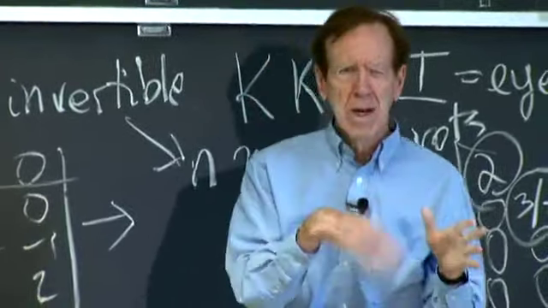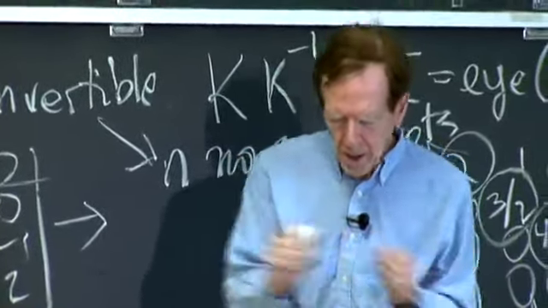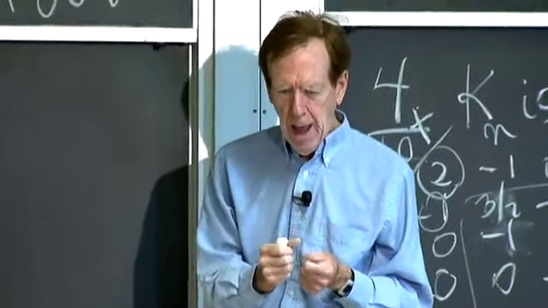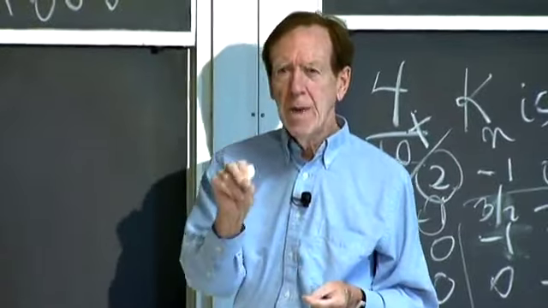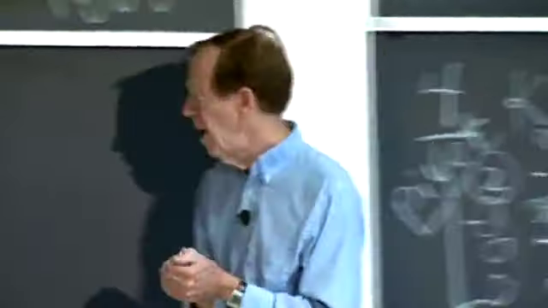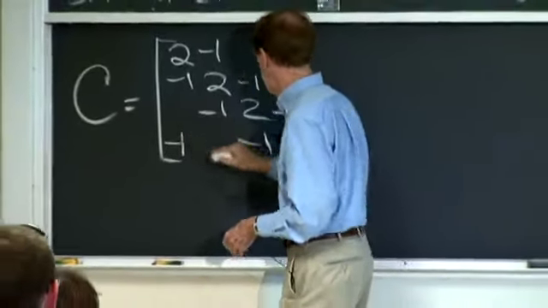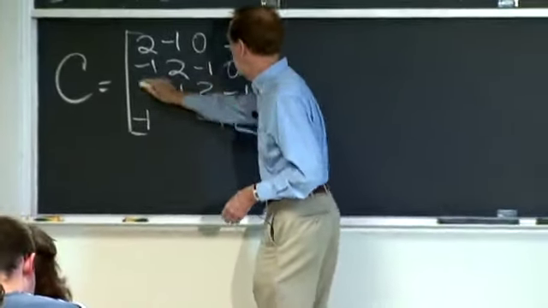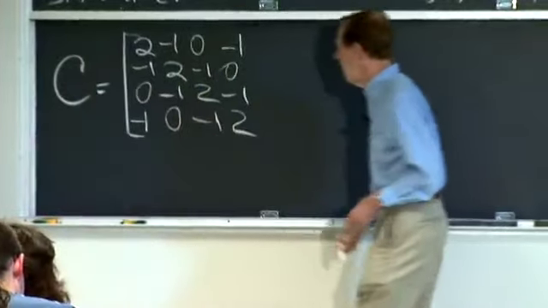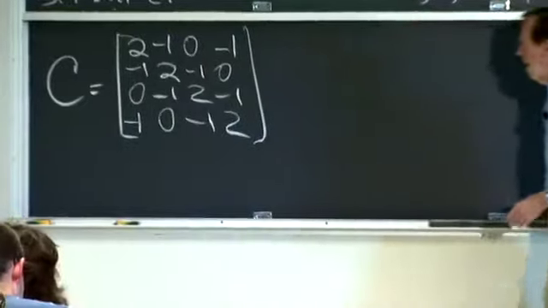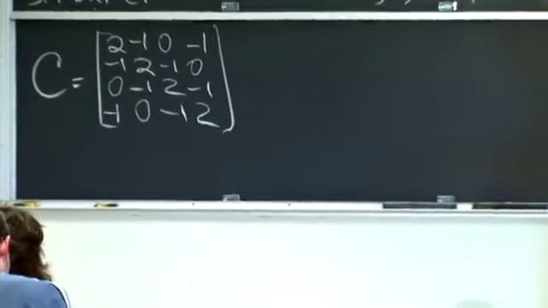And I want to choose a particular C, and see if you can tell me why it is not invertible. So here's the difference. I'm going to put -1 in the corners. Still zeros there. So that matrix C still has that pattern.